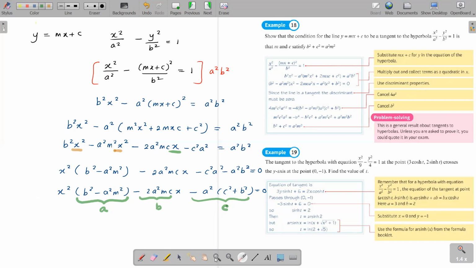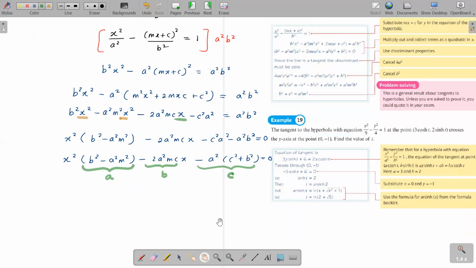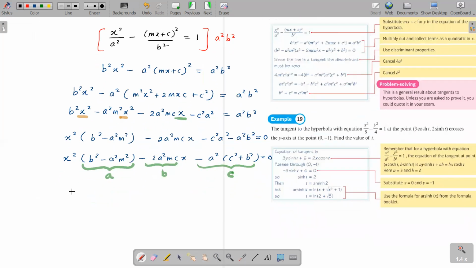Do you see? So in order for the line to be a tangent, what is the rule? In order for the line to be the tangent, this particular quadratic equation gives the solutions where the line and the curve meet, right?